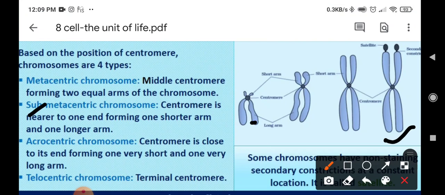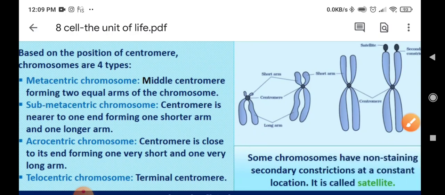In acrocentric, the centromere is close to one end, forming one short and one very long arm. Here you can see this is acrocentric. In telocentric chromosomes, the centromere is at the tip, or the terminal region.